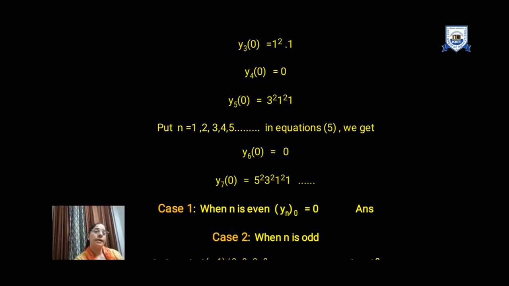If we analyze this pattern, we can see that if n is even, it means the even order derivatives follow the same pattern, and if n is odd, then the derivatives follow another pattern. It means y2, y4, y6 are all 0.